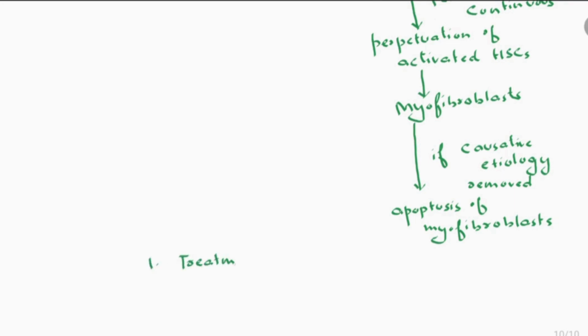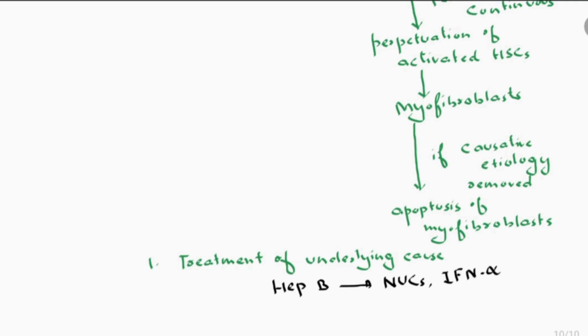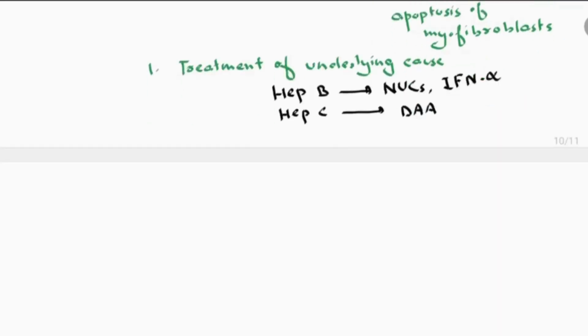Coming back to the antifibrotic treatment in liver disease, we have number one, treatment of underlying cause. You need to treat the underlying cause. For example, if a patient is having hepatitis B, you will give nucleotide or nucleoside analogs. In hepatitis C, direct antiviral agents.